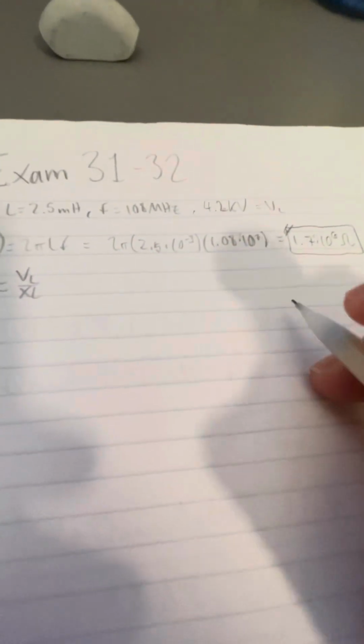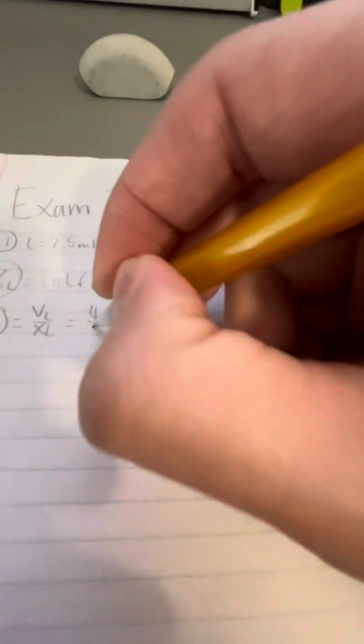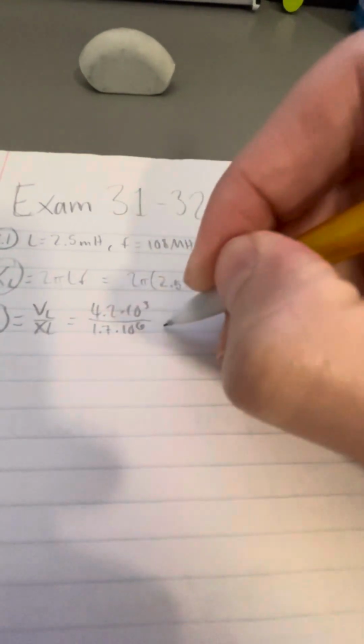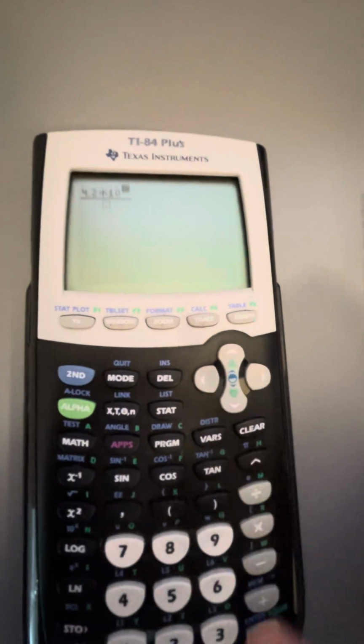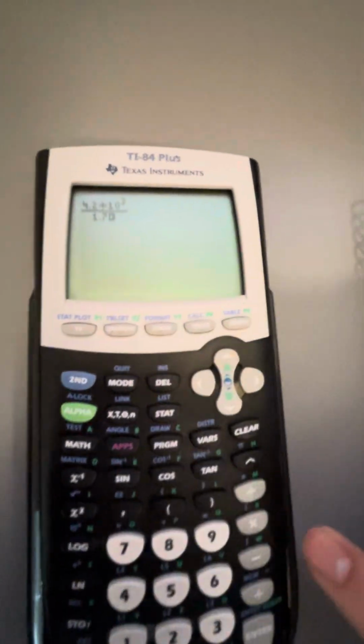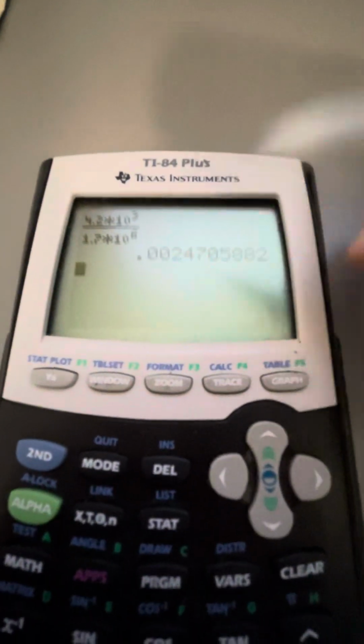We know both of these now, using the XL from the previous problem. So 4.2 over that gives us 2.48 amps.